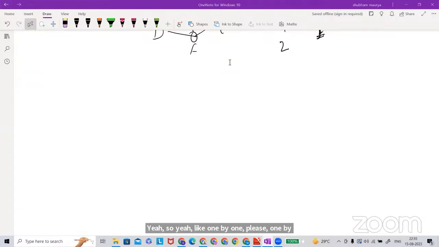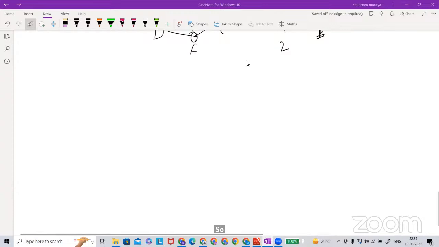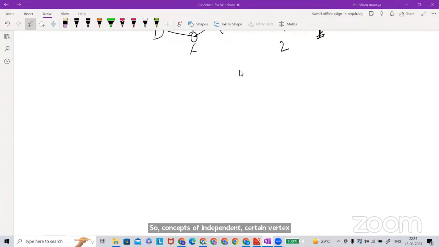Subhranshu is the first one. What's your doubt, Subhranshu? Concepts of independent set and vertex cover. Independent set is very quickly we can see.